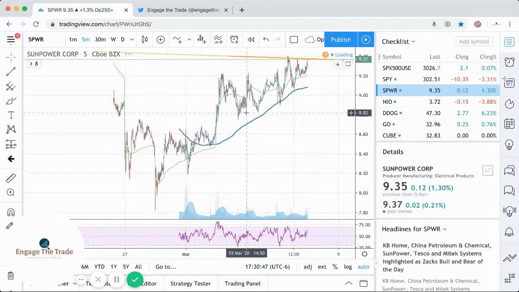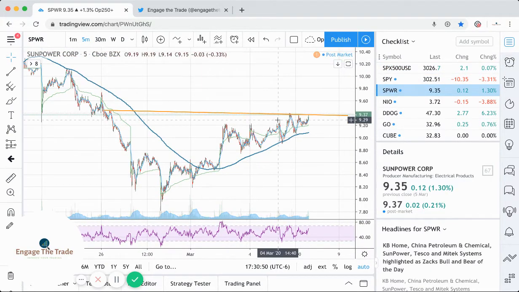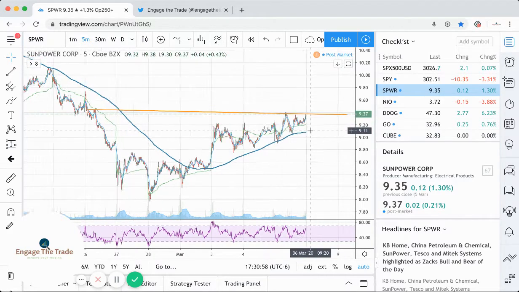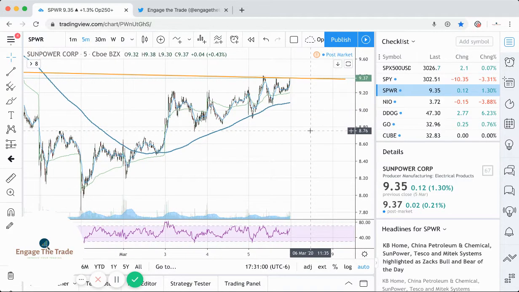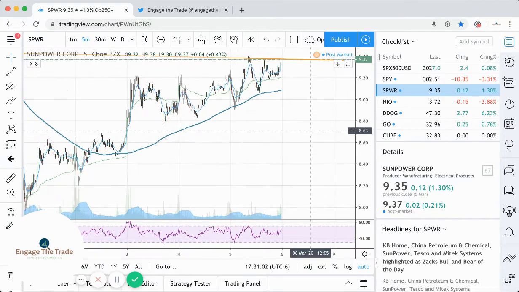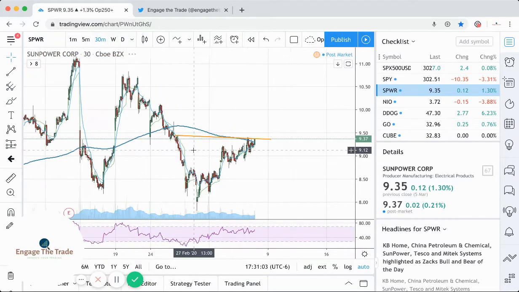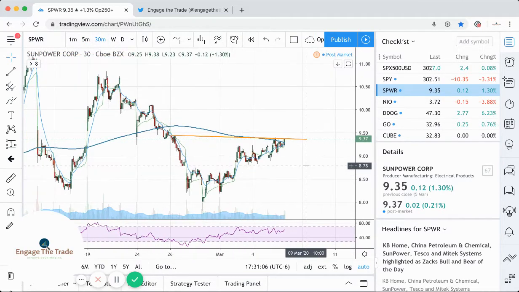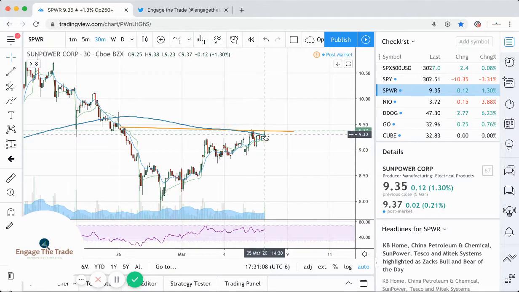Now here are the plays I want to do. So what I do is just go through each of my lists as far as the price points, and then I put them all in a checklist, and then I go through and make a plan. So this one, SunPower, let me get to the 30-minute. I like this one if it opens below and then tries to break out again.